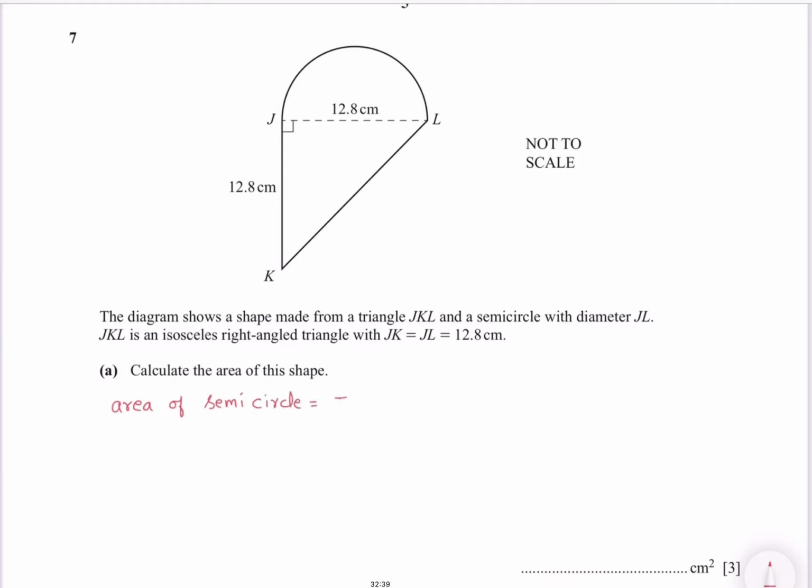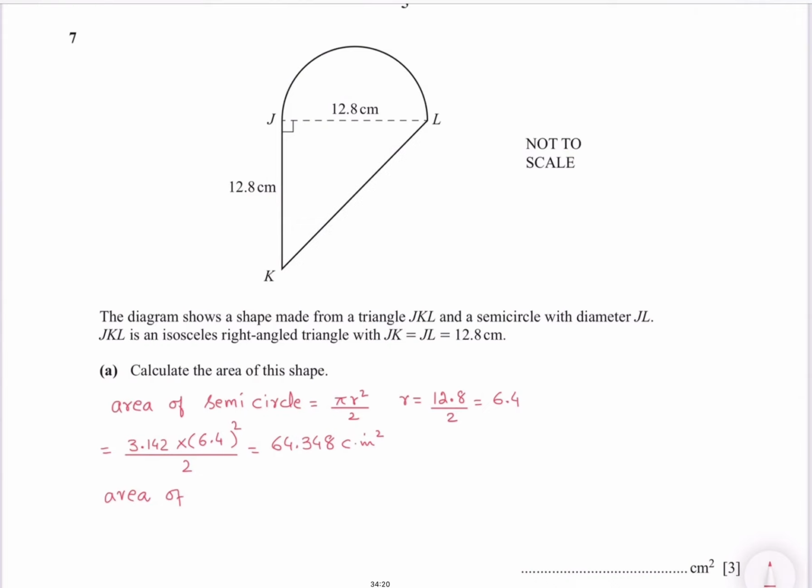That is pi r square divided by 2, and our radius is 12.8 divided by 2, which is 6.4, because 12.8 is the diameter, so radius is always half of the diameter. So your pi is 3.142 times 6.4 square whole over 2, and the value comes out 64.348 centimeter square.